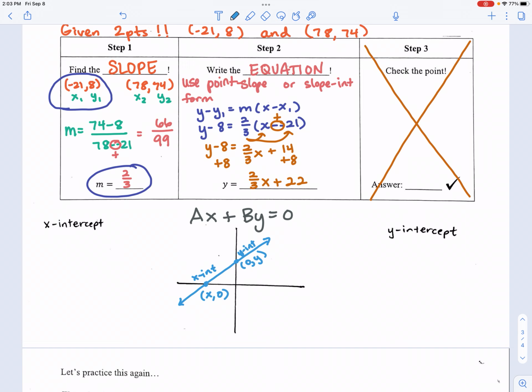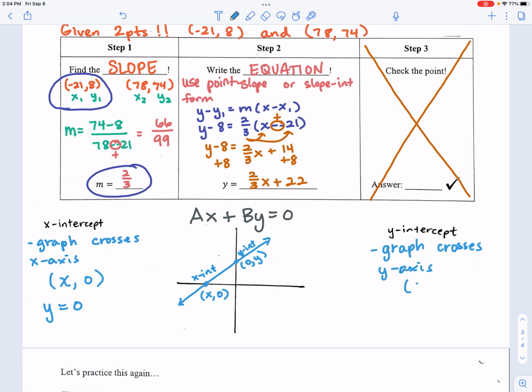So for x-intercept, this is where the graph crosses the x-axis, and we know that that is an ordered pair (x, 0), so we always make y equal to 0 when we're solving. For the y-intercept, this is where the graph crosses the y-axis.